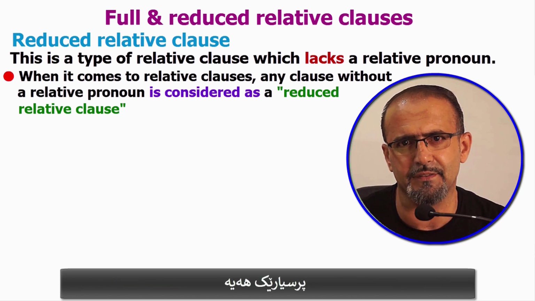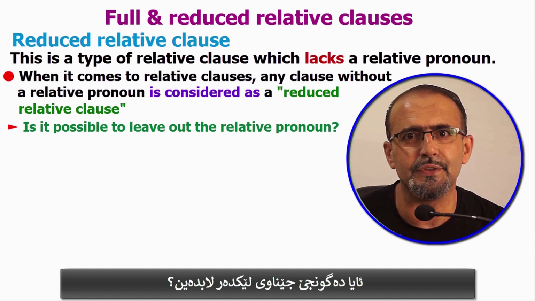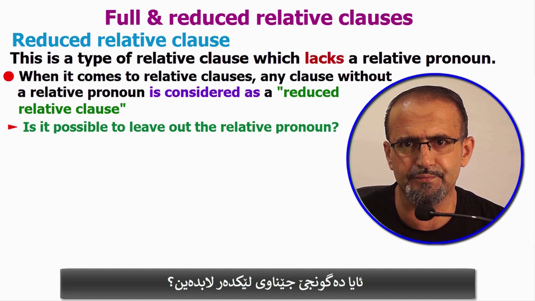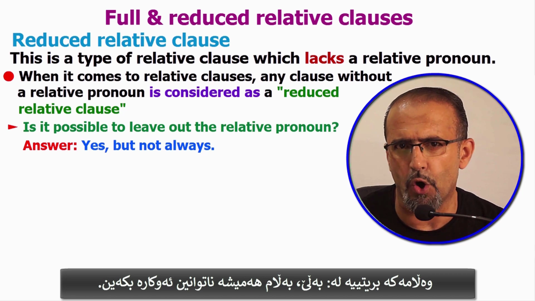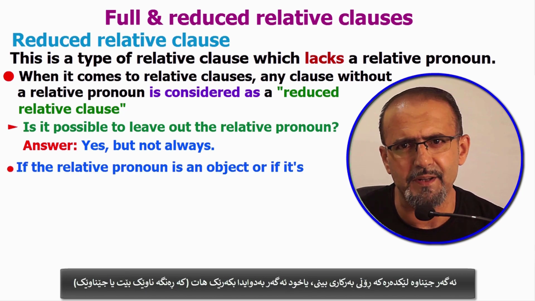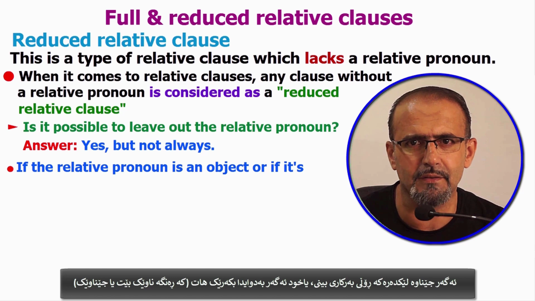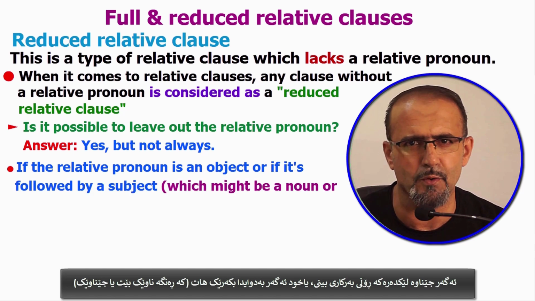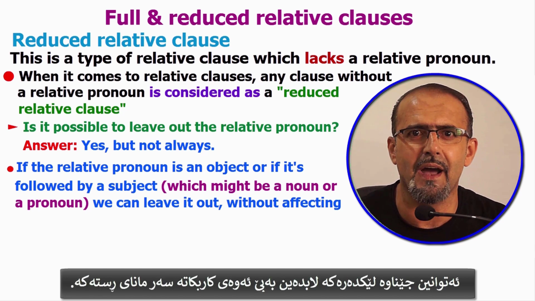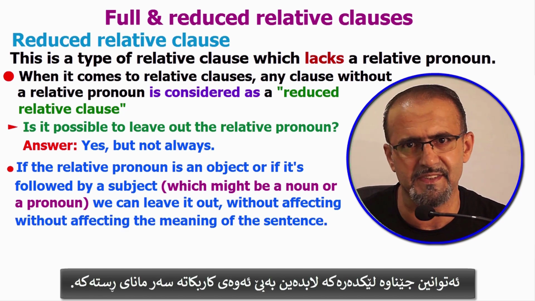Here is a question. Is it possible to leave out the relative pronoun? The answer is yes, but not always. If the relative pronoun is an object, or if it is followed by a subject, which might be a noun or a pronoun, we can leave it out without affecting the meaning of the sentence.